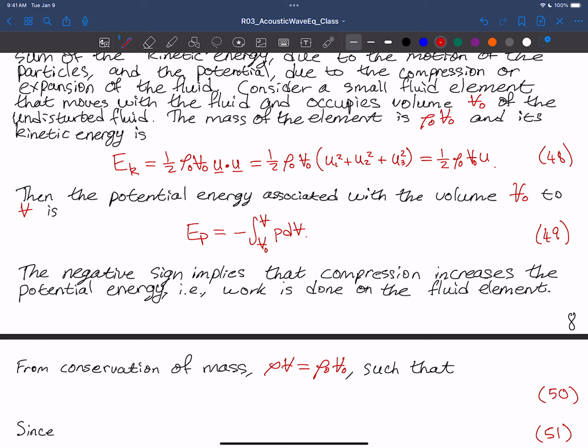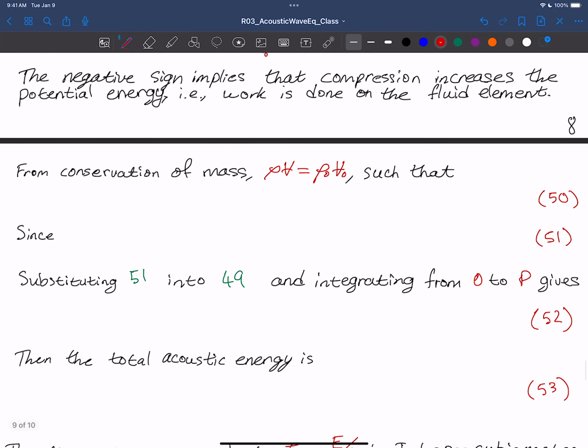Here the negative sign implies that a compression increases the potential energy, and that means that there's work being done on the fluid element. So by compressing that fluid element, we are storing energy in it, whereas by expanding it, we are releasing energy. From there, we can apply conservation of mass, meaning that there's no mass added or created during this expansion process.